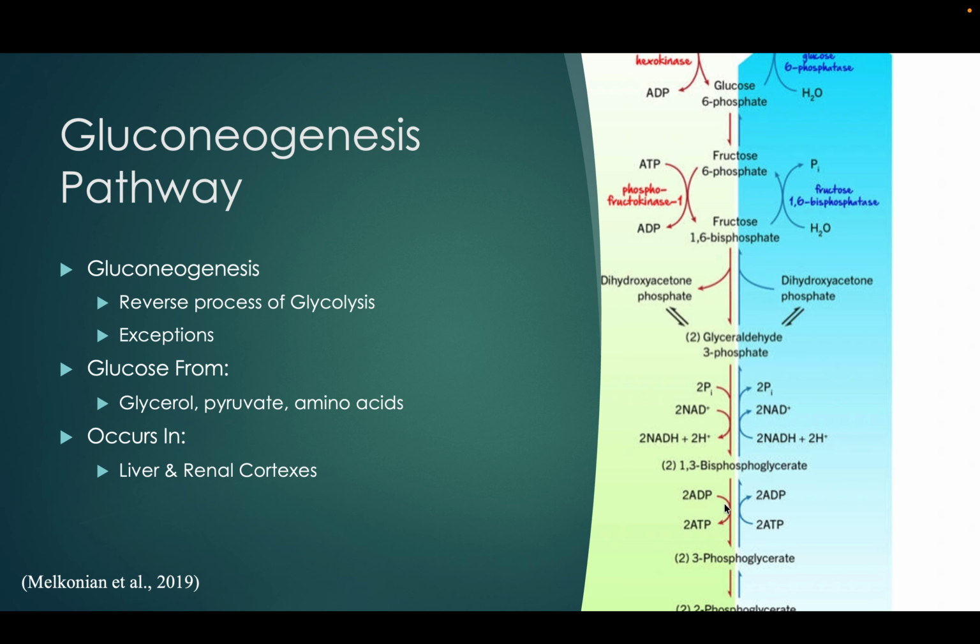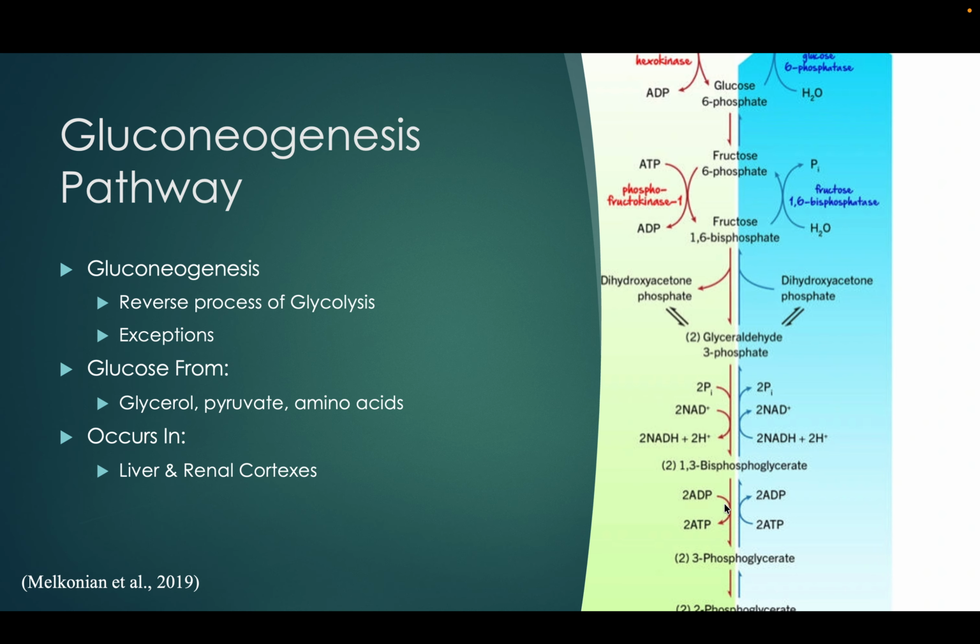These other molecules can be glycerol, lactate, pyruvate, or even amino acids. Because there are certain enzymes required for this process, the areas where it can occur are limited to just the liver and the renal cortex.